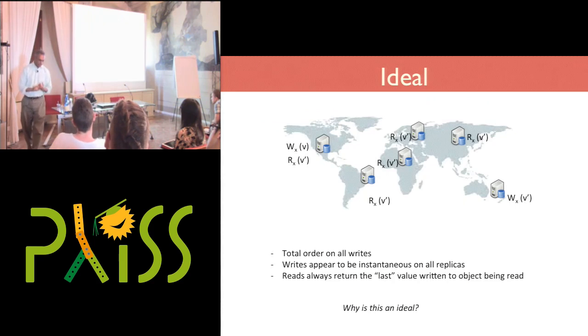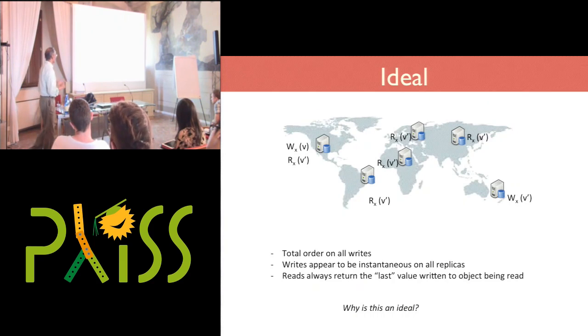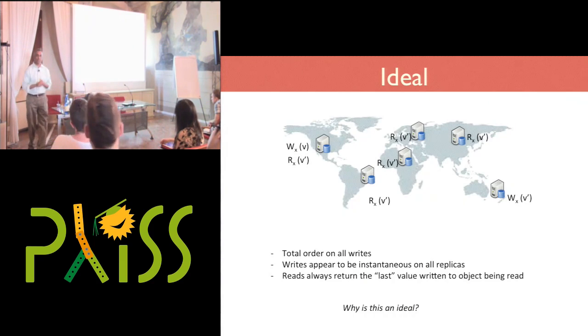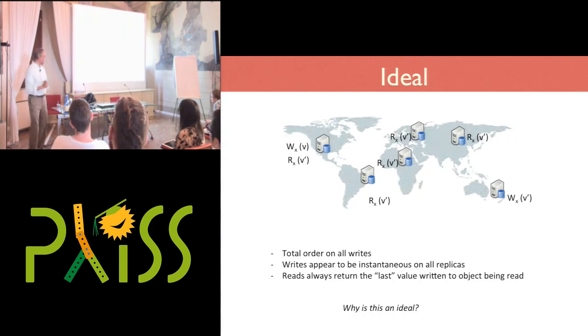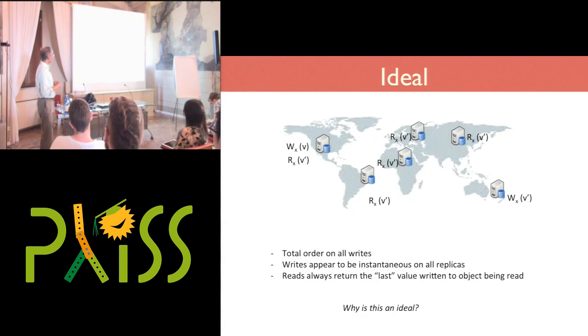So there's a total order on all writes. We expect writes to be instantaneous in all replicas, and reads always return the last value of the object that was written. So why is this an ideal? Well, it's not too hard to envision the impracticality of trying to retain this degree of precision on writes. And so one might strive for this, but in reality, it's really, really difficult to achieve.